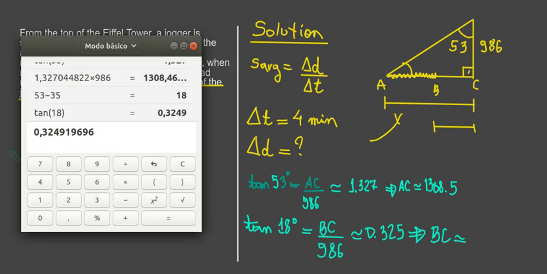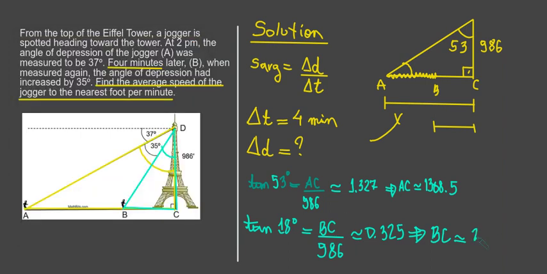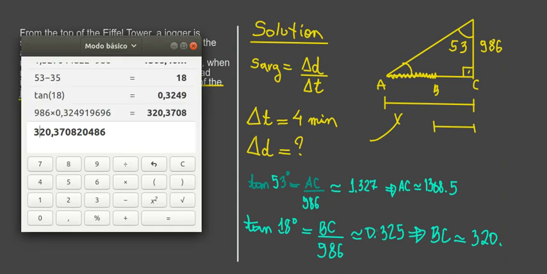Let's open the calculator again and multiply this number by 986. So approximately 320.37.